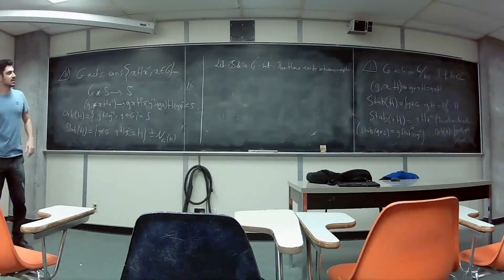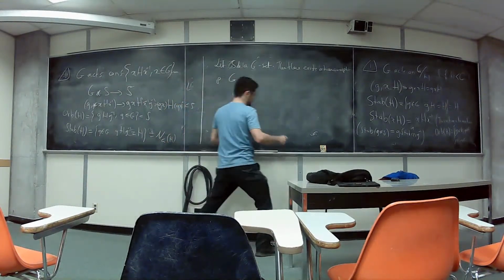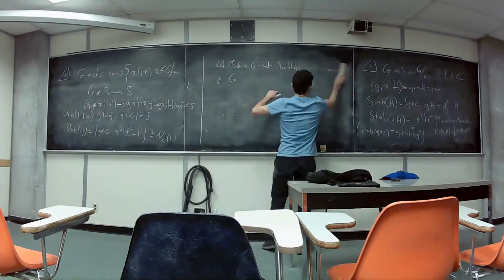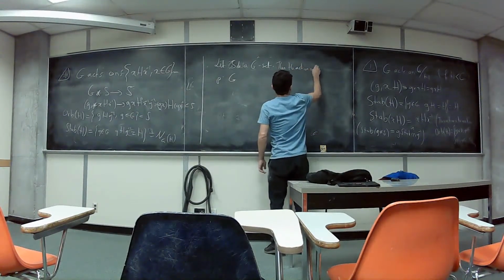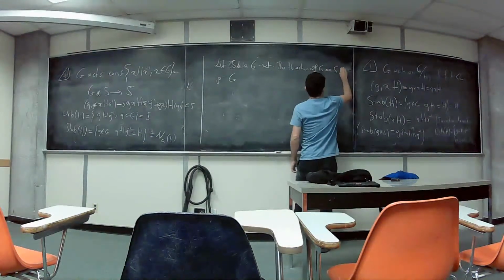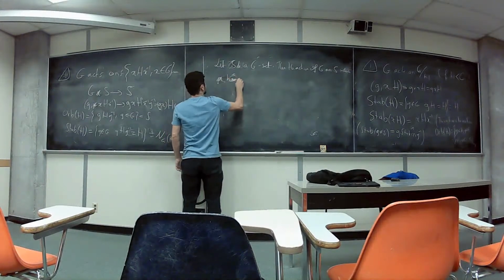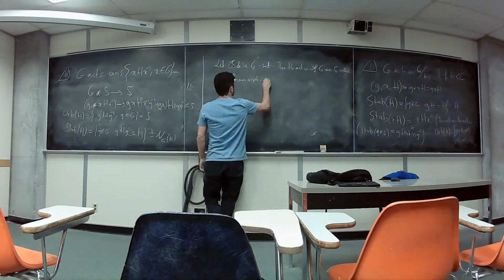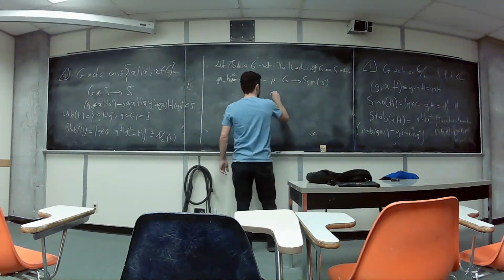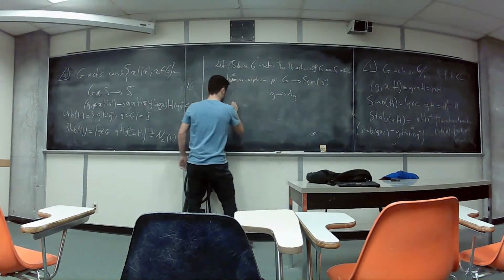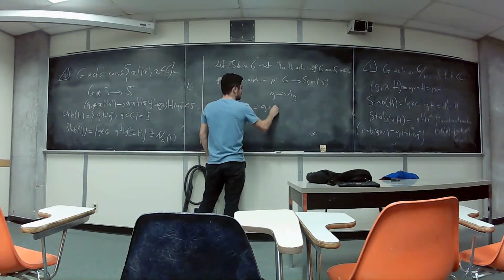Okay, so let S be a G-set. Then the action of G on S induces a homomorphism rho from G to the symmetric group of S, where you send g to lambda g, where lambda g is the function from S to S defined by g star s.